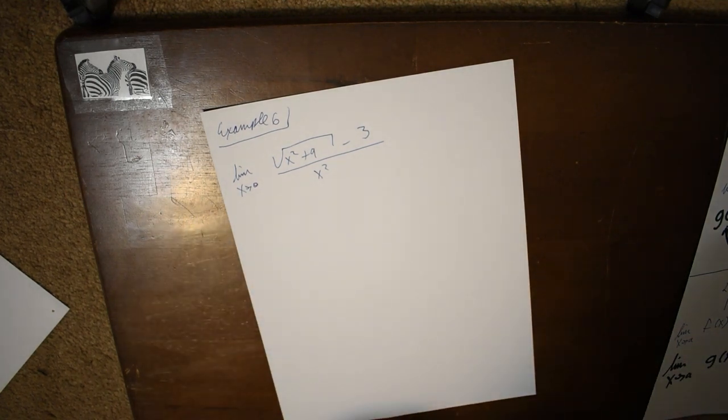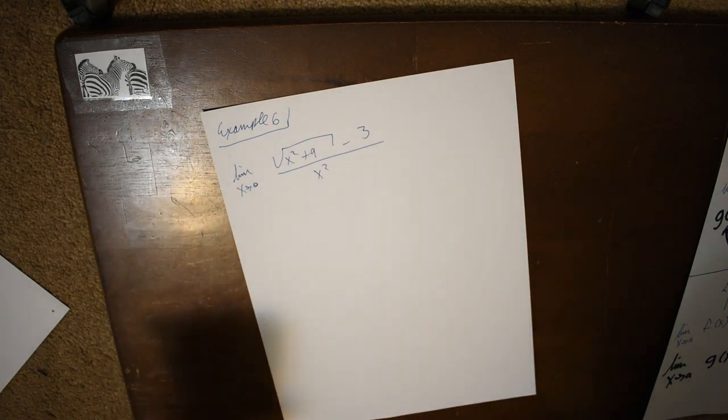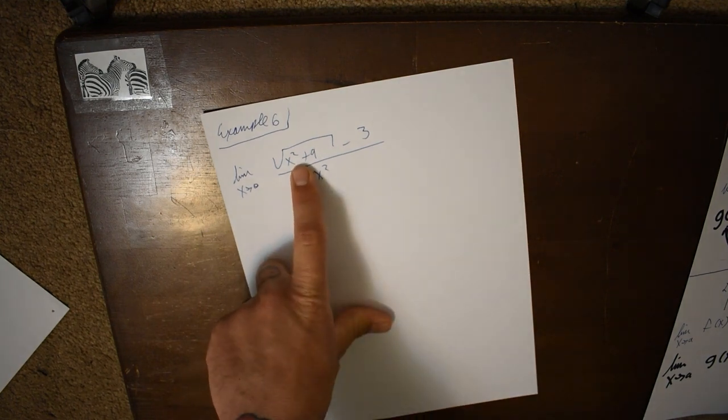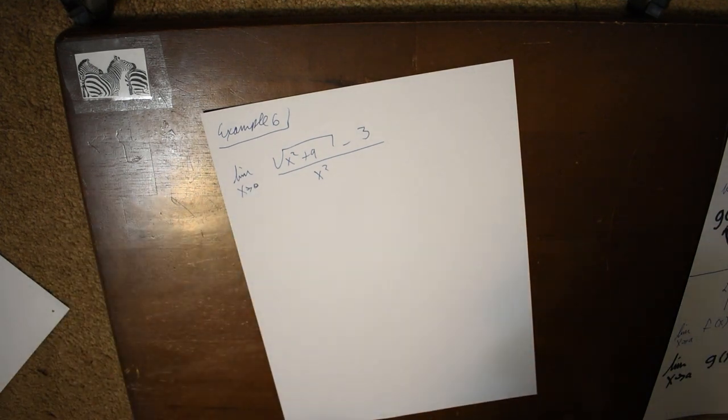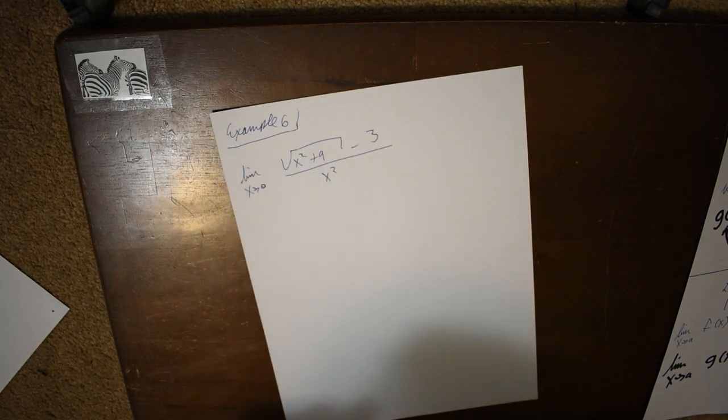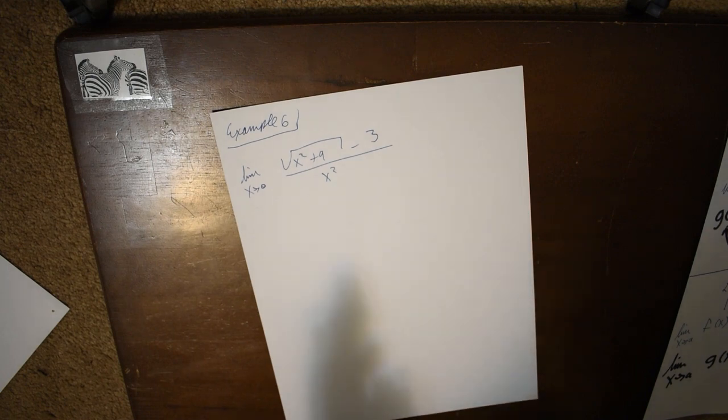We still want to use our direct substitution. Now we need to come up with some way of algebraically manipulating this in order to make it so we can just plug 0 in.